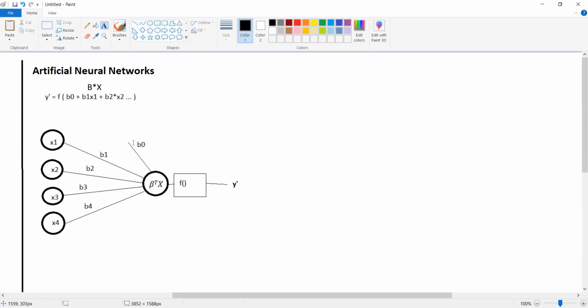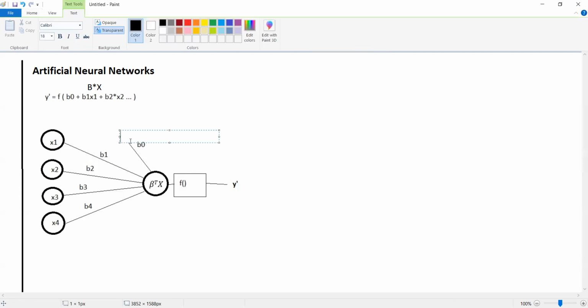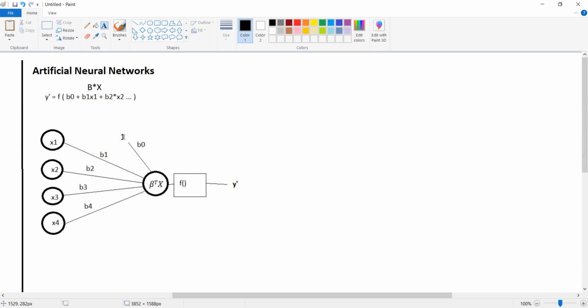And it can be thought of as always multiplied by 1, right? So what I could have done is add another circle and always write 1 and do the beta 0 times that, so it doesn't just hang off the top. Okay, is that clear?